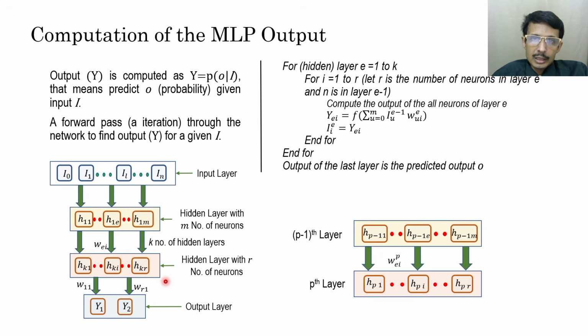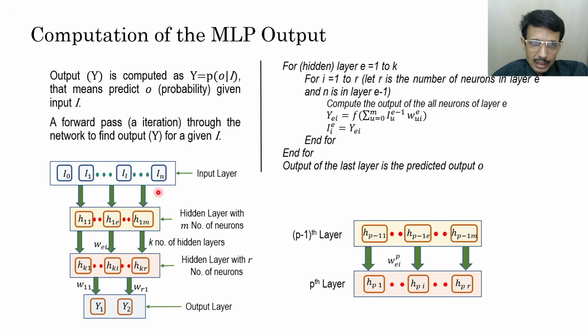First of all, how does a multi-layer perceptron work in the forward direction, and how is the output computed? Y is equal to P(O given I), with I as the input, meaning what is the probability of output O given input I. A forward pass, or iteration, through the network finds the output Y for a given I. This we already discussed.